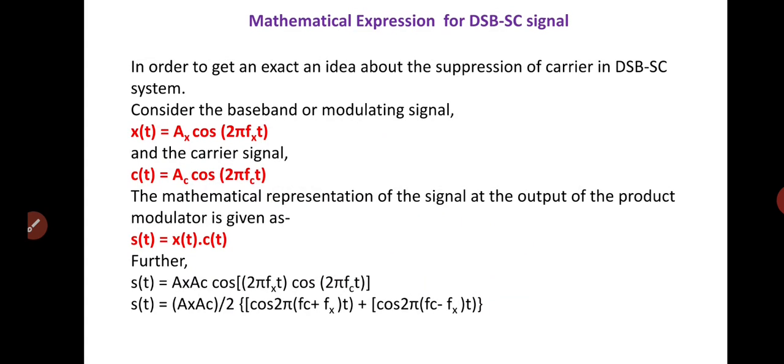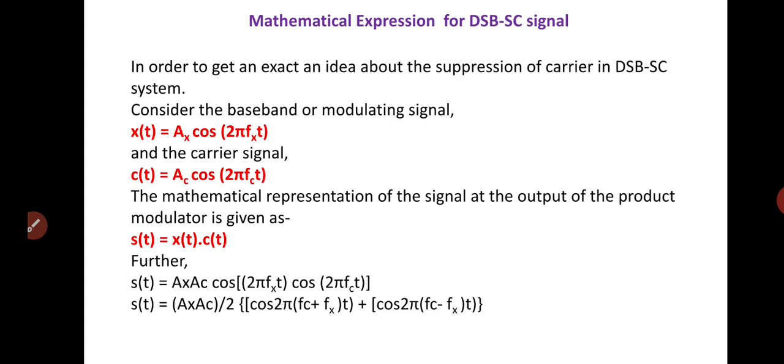Now we shall discuss the mathematical expression for the DSB-SC signal. Let us consider the same mathematical expressions for modulating and carrier signals as we considered in the earlier lectures.